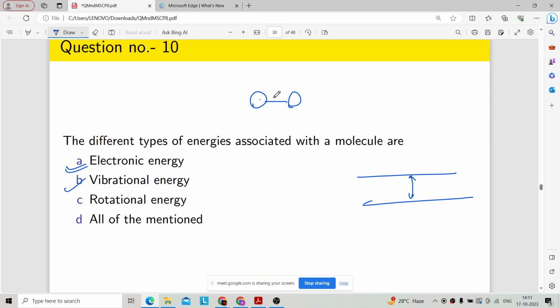And if we consider this molecule to be a rigid rotor, then it will have rotational energy also. So all kinds of motion and all kinds of energy are allowed for a molecule. So the right answer will be D.